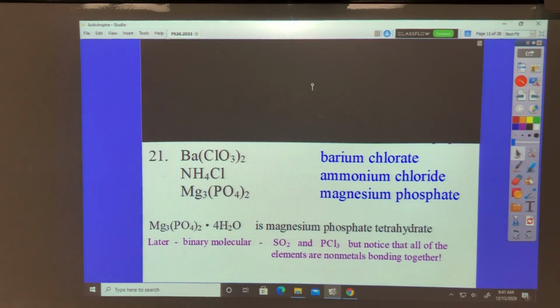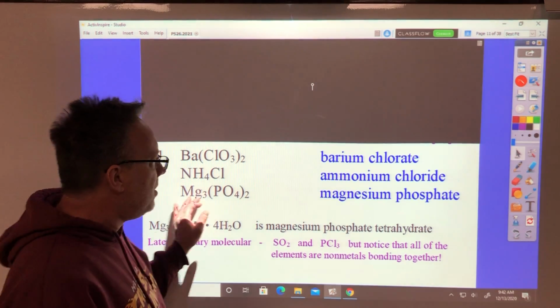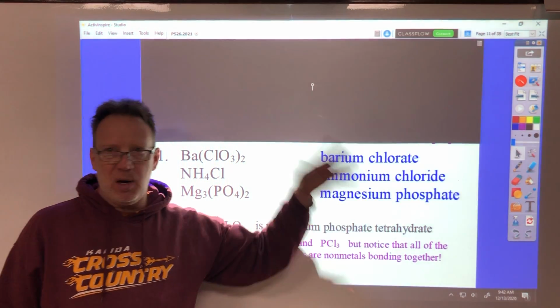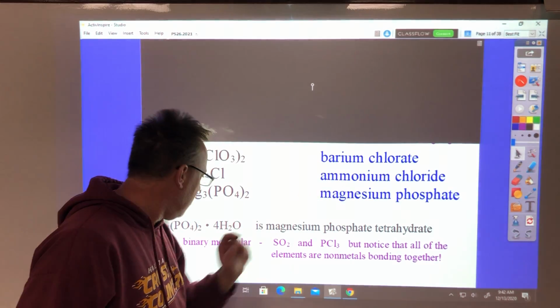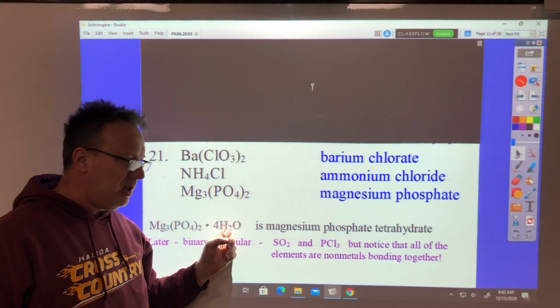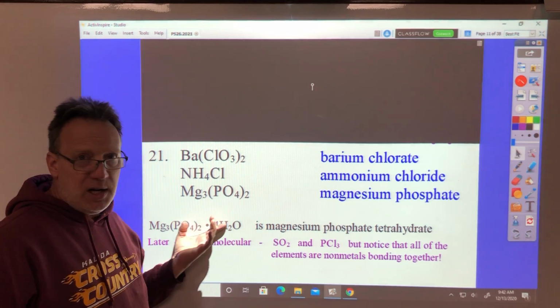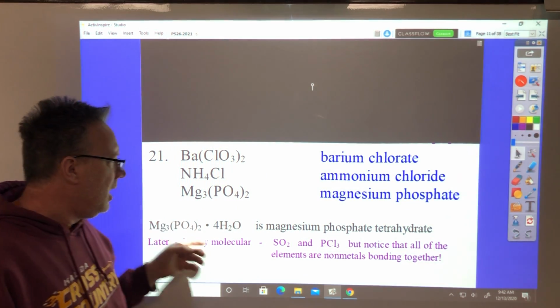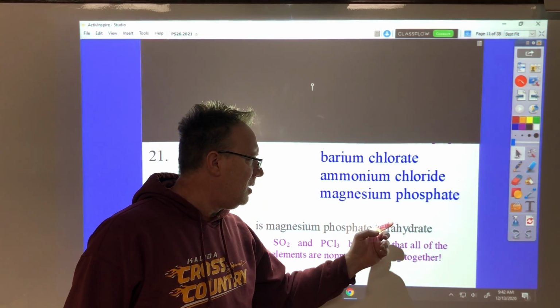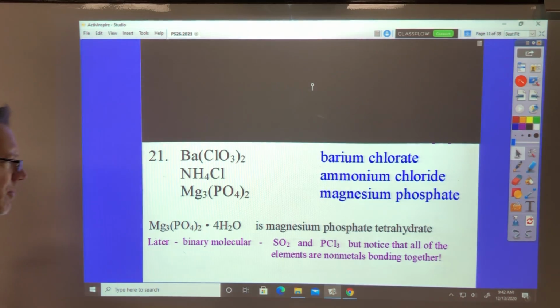Let me check here real quick. Yes. So you can name that part. Maybe I'll put it on there as a bonus question or something. But if I have a .4H2O, it just means that there's water stuck in there with it. And this would be magnesium phosphate tetrahydrate.